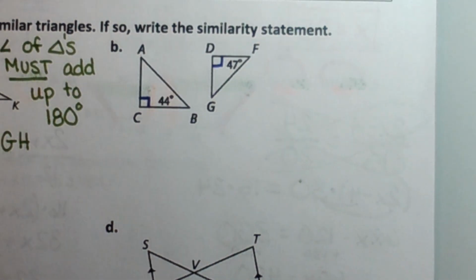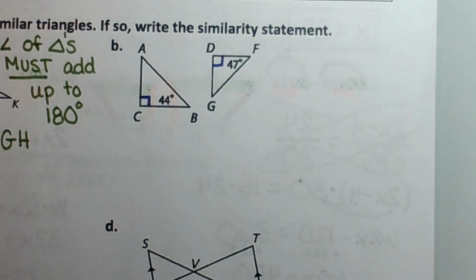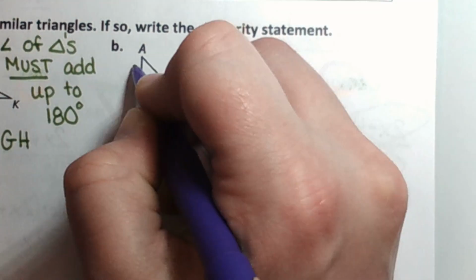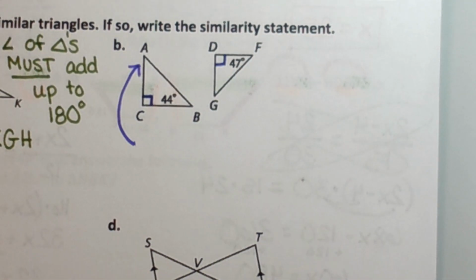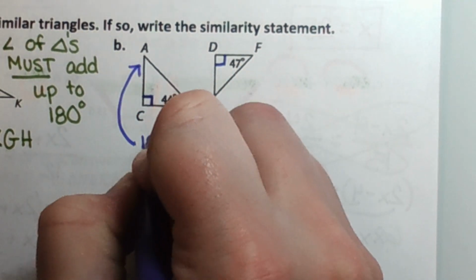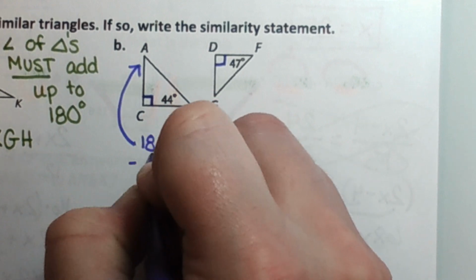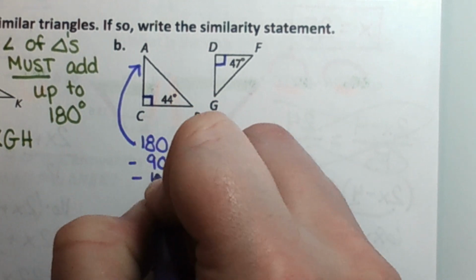Let's find one of them. Do you want to find A or do you want to find G? There's not a right answer. You just got to make a choice. A, sure, okay. Angles of a triangle still add up to 180. So I can do 180 minus the 90 and the 44.